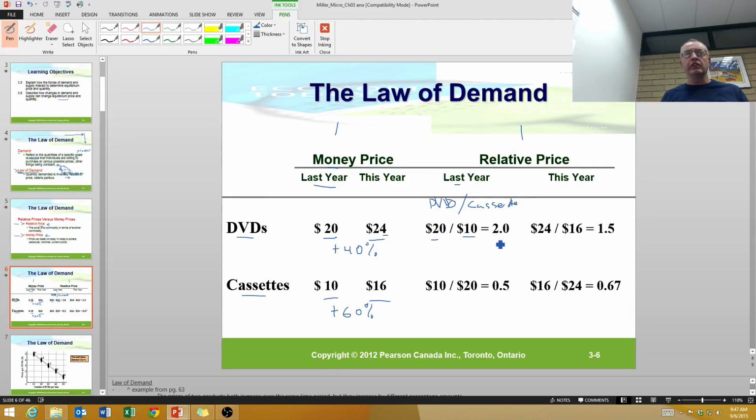So last year, the exchange rate between one DVD and two cassettes was 2. Two cassettes were equivalent to one DVD. And this year, because of the money price changes, the ratio between DVDs to cassettes is now 1.5.